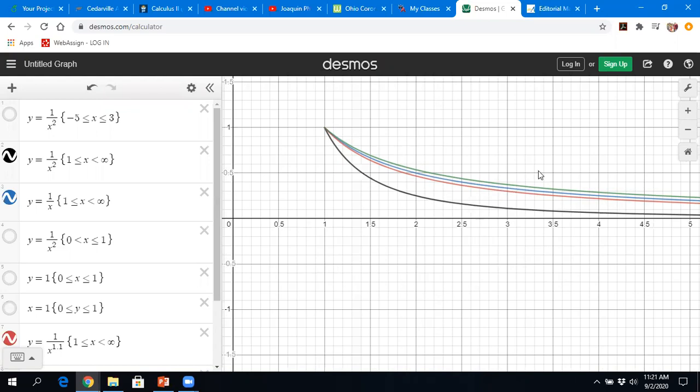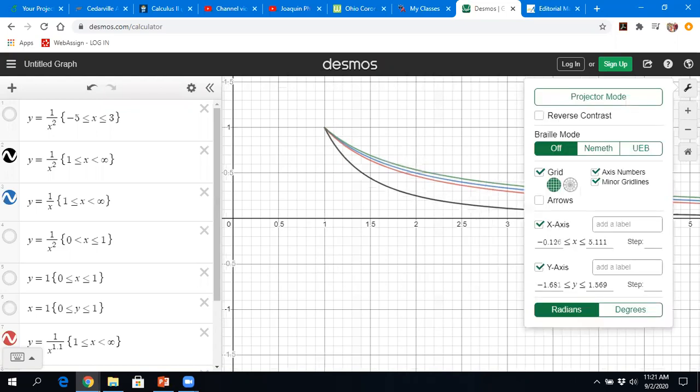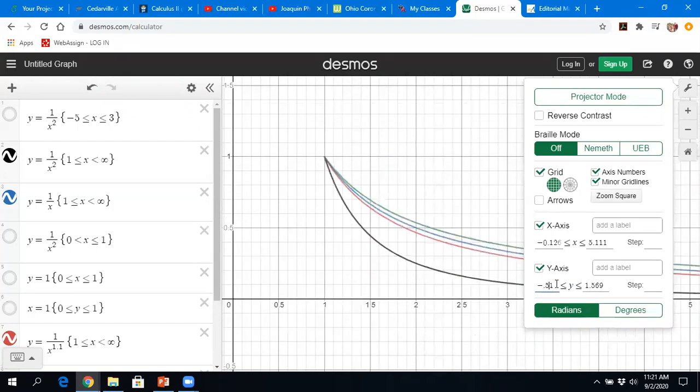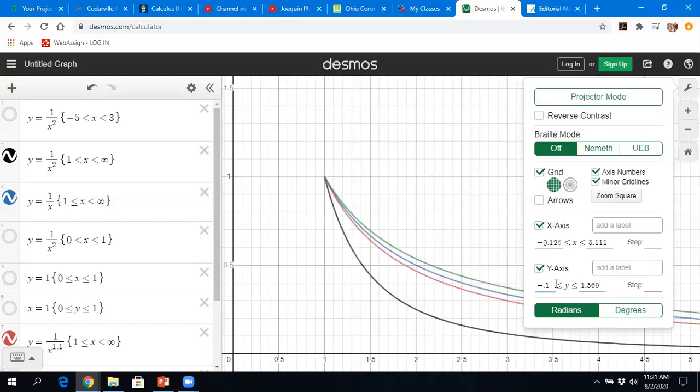In fact, I think I can do a better job than this. Let's see. What do I want the y-axis to go from? Let's go from negative 0.5. Actually, let's do negative 0.1, and then go up to 1.1 or something.